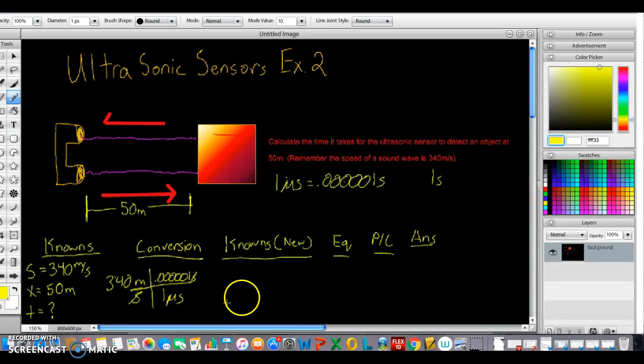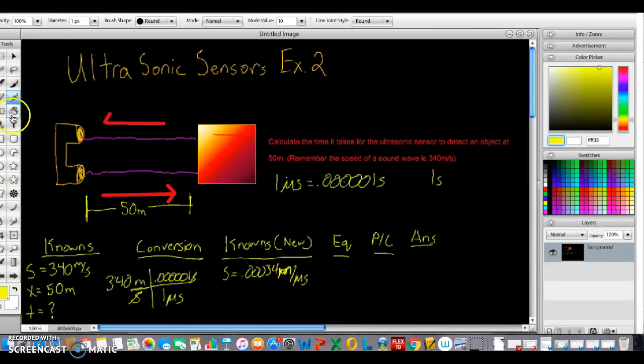So our new speed, let's say our new known, it's going to be 0.00034 microseconds. Oh, excuse me, not microseconds. It's going to be meters per microsecond, right? Because this is meters and we only changed the second. All right, so that is our new speed.